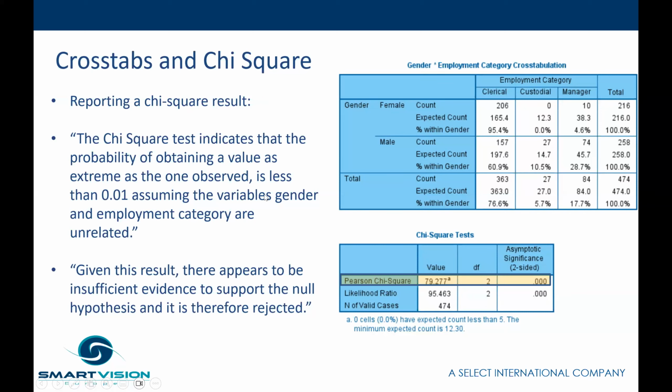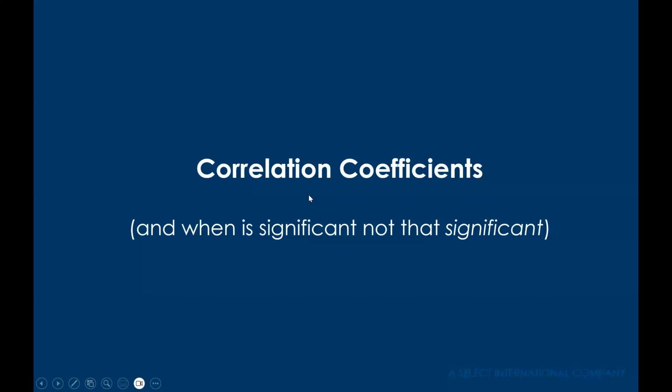The idea that they're in no way related, there isn't a lot of evidence to support. And because the associated p-value is less than the arbitrary level of, let's say, 0.05 here, which is the most common arbitrary cutoff point, the alpha level, we would say there's insufficient evidence to support the null hypothesis and it is therefore rejected. Okay, so that's our first one.